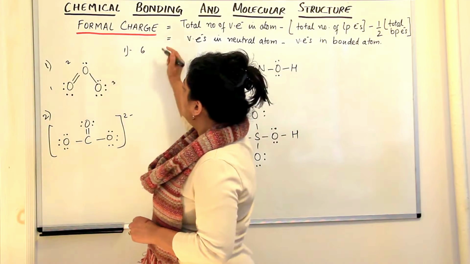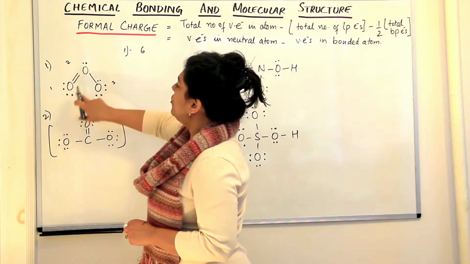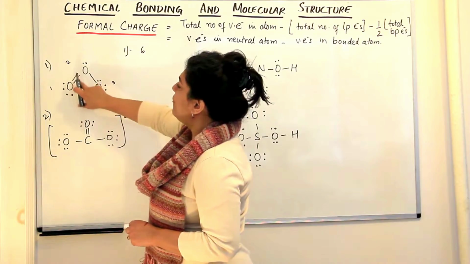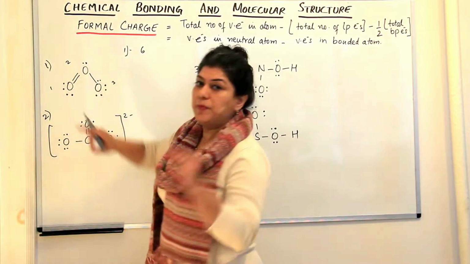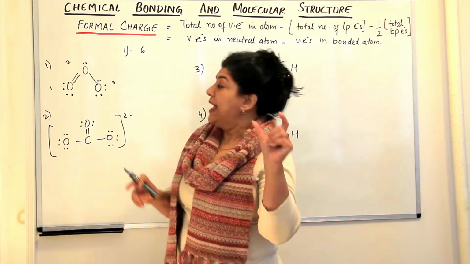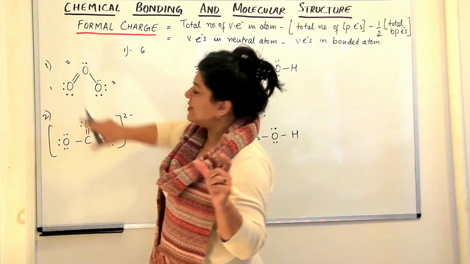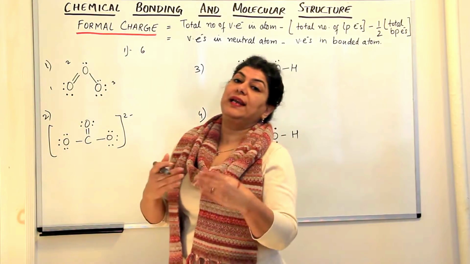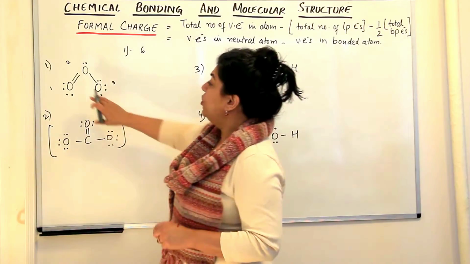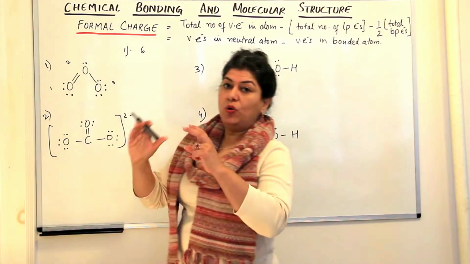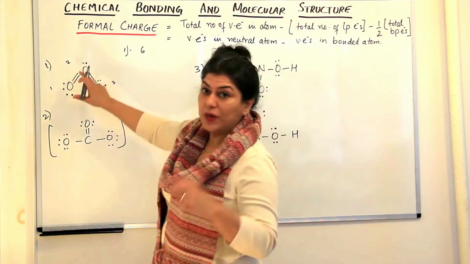So we say this will be minus 4 minus half of bond pairs. Every bond is 2 electrons, and we assume that each atom is contributing 1 electron in that bond. So to this oxygen, only 1 electron of the bond belongs.